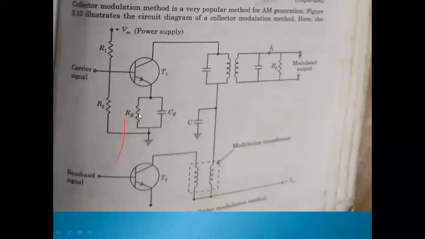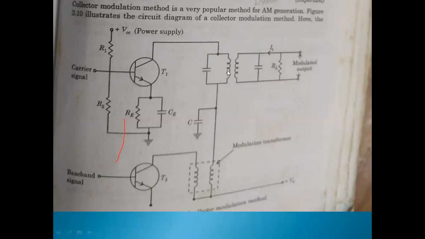Self biasing is used here, and R and C are the emitter resistor and capacitor across the emitter. The output is taken across the collector, where you take the tank circuit.